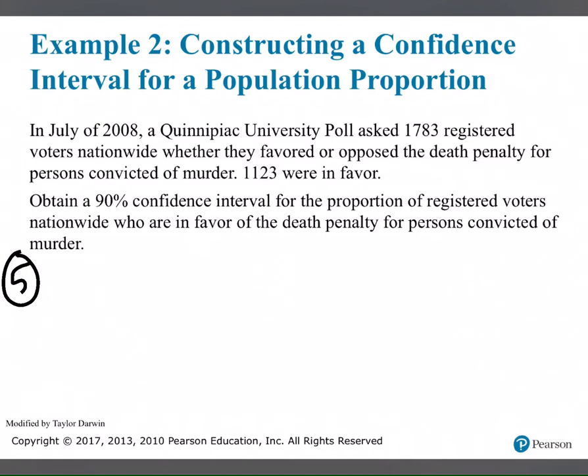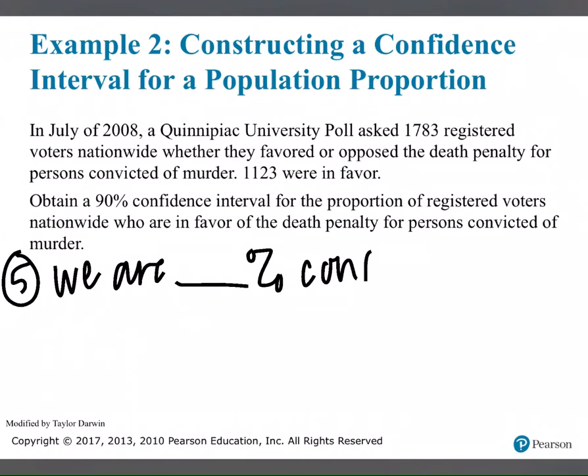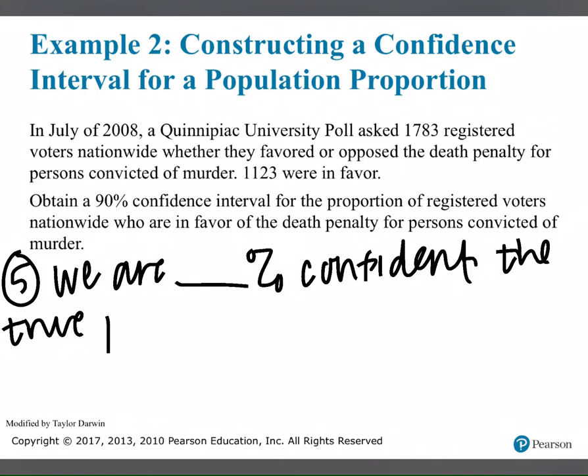Okay, so I'm going to kind of lay it out. We always say, "I am blank % confident the true population proportion of whatever we're talking about.